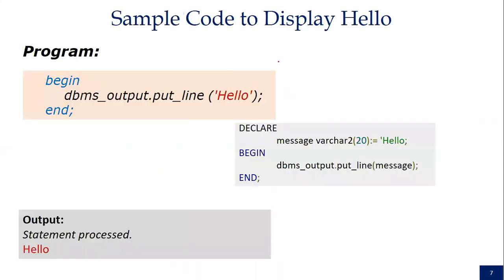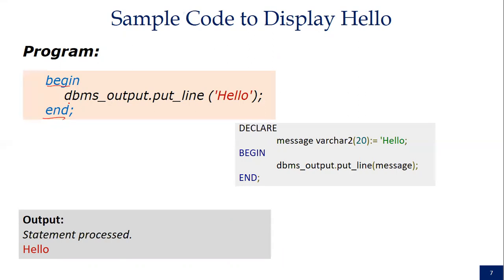This is a simple example of how to display hello world. Like in some other programming language you have done the same, here is how you can do it in PLSQL. If you want to display something as output on the screen, you can directly write it as an executable statement in the begin and end.